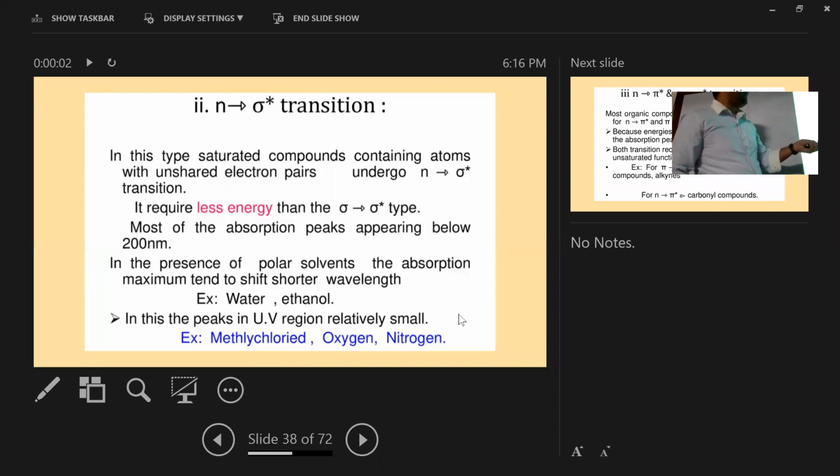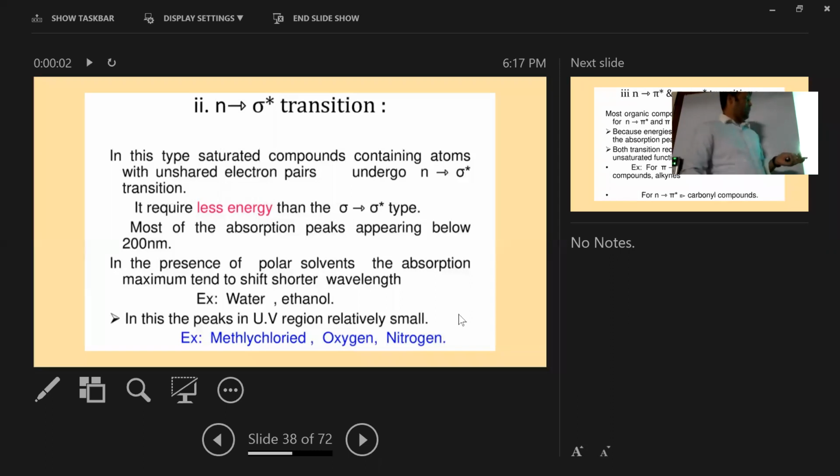In the presence of polar solvents, the absorption maximum tends to shift to shorter wavelength. This saturated compound containing atoms with unshared electron pairs undergoes n to sigma star transition, so it requires around 200 nanometer.